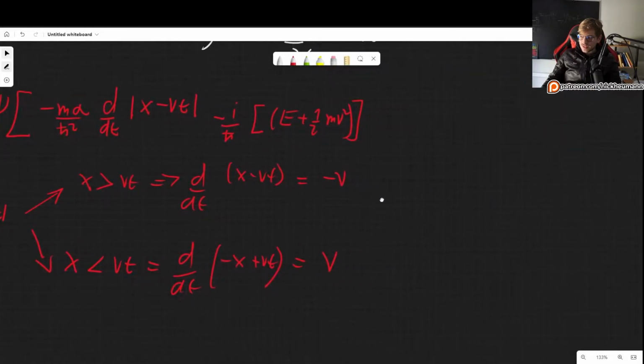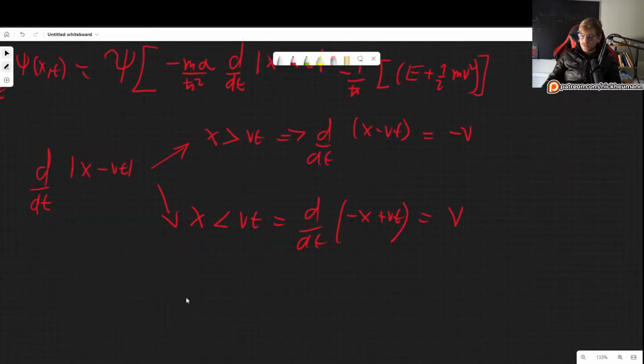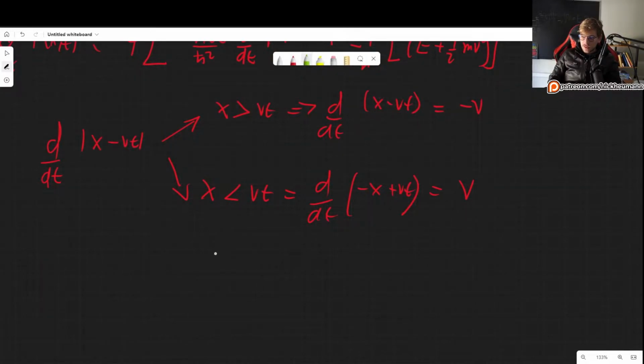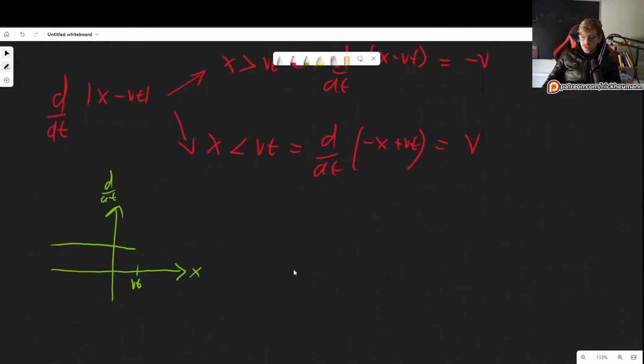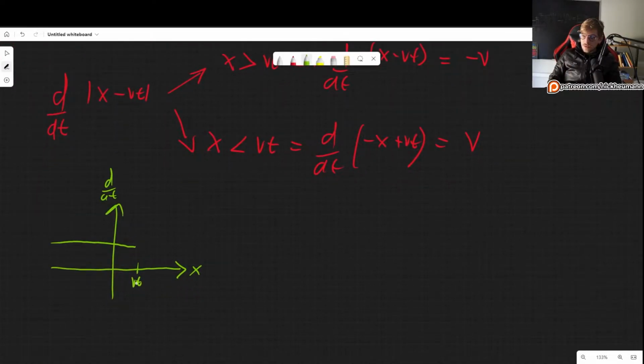So what this tells us is that this derivative will start out, if we think of it here in space, so this is the derivative, and this is x, then all the way until vt, this has the value v. And then at some point, which is vt, we don't know what v is or what t is, but at some point, this changes to -v.